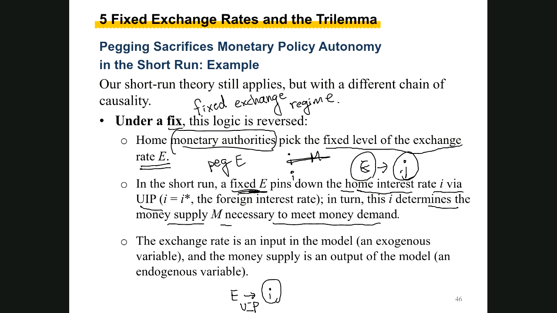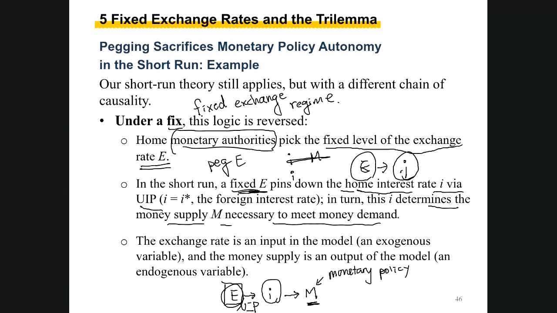By having that domestic interest rate, you need a certain amount of money supply, right? So you lose policy authority if you choose to peg E, if you choose to fix the exchange rate.